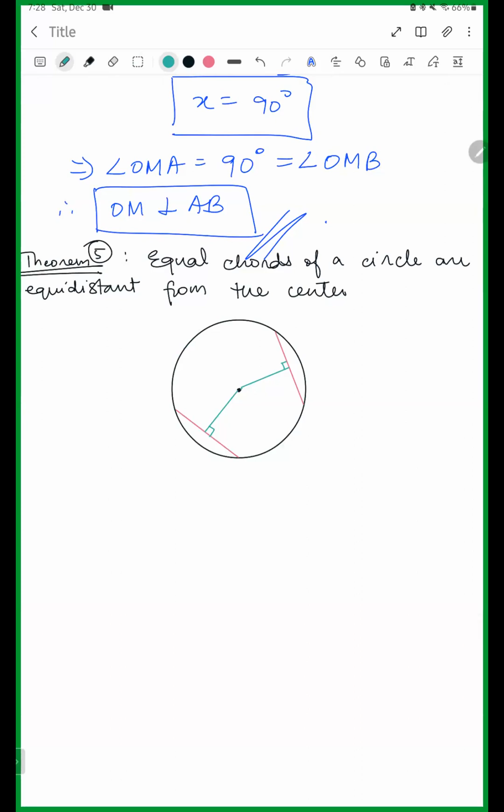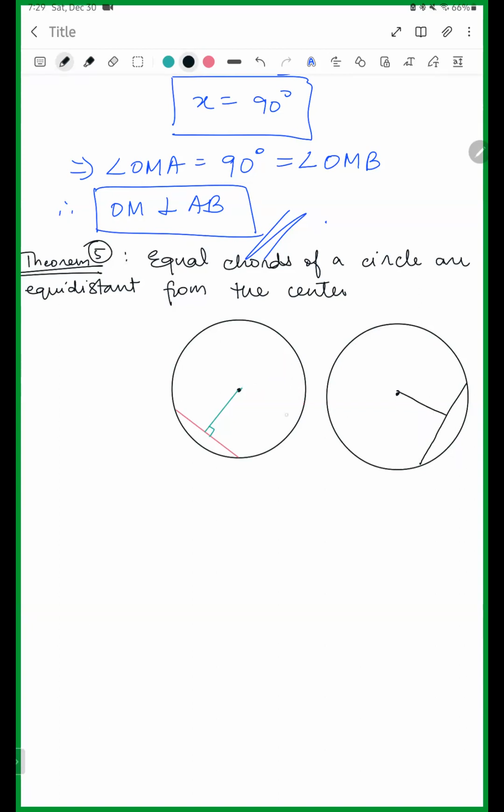By the way, this could also mean two different circles, but they are congruent circles, meaning they are both of the same radius and they both have two different chords which are equal.